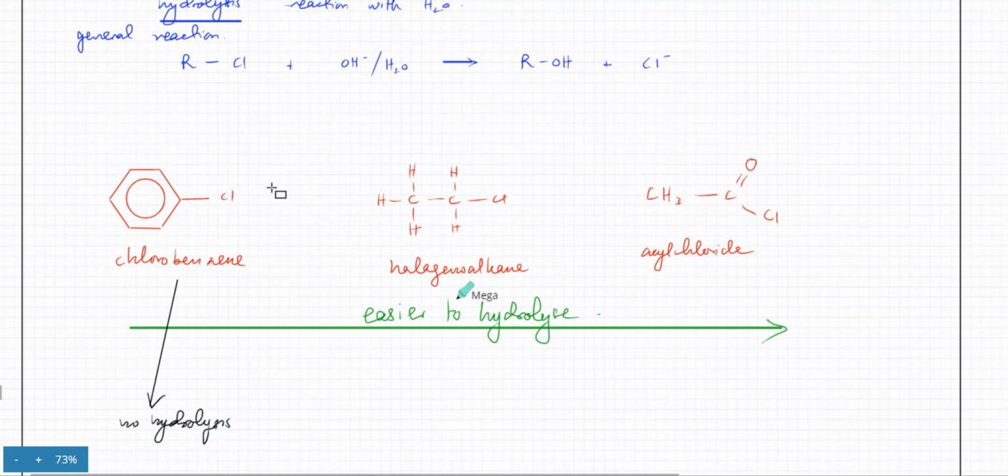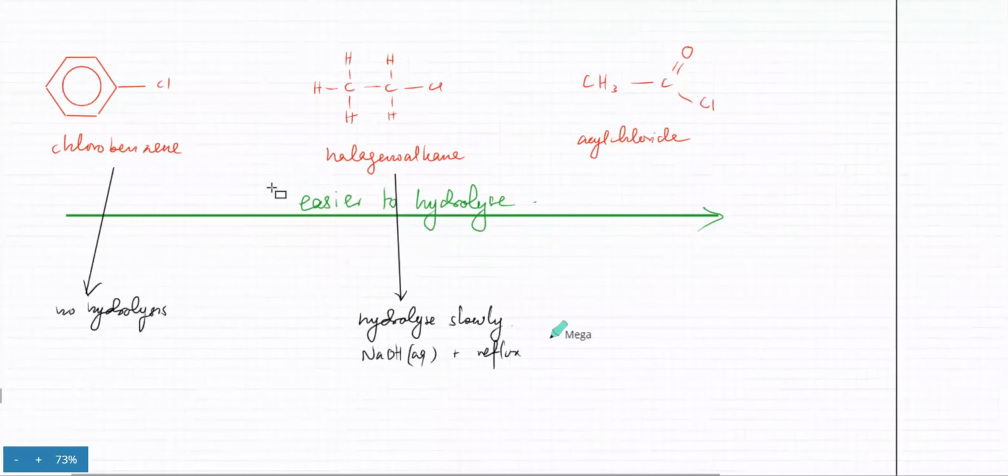Halogenoalkanes, which you have studied earlier, and we're going to do that again. They hydrolyze slowly, and you need aqueous NaOH plus reflux. And the third one has vigorous hydrolysis.